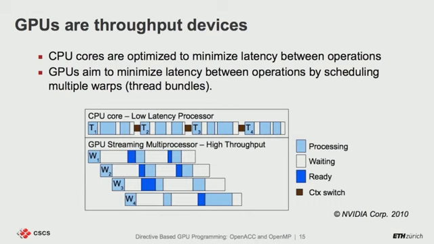So whenever a thread stalls because it waits for its data to come from memory, the hardware should be able to schedule another set of threads to take its place, so that the overall computation eventually goes through, and the latency, this wide gap, will be covered by useful computation.